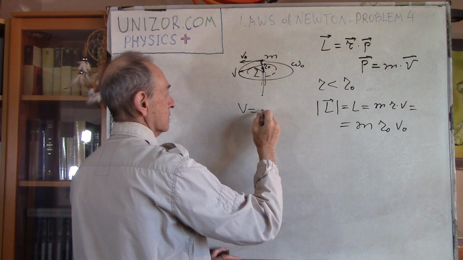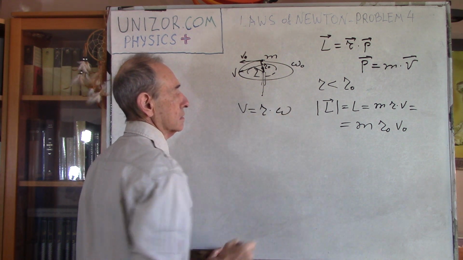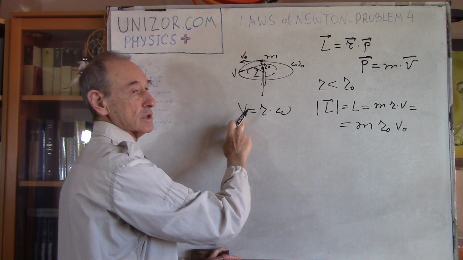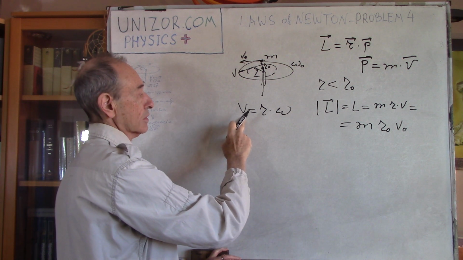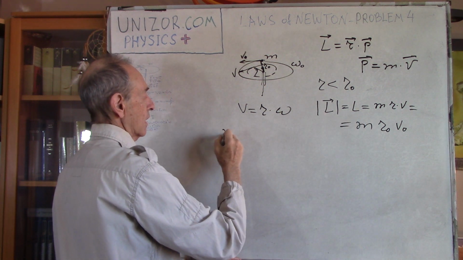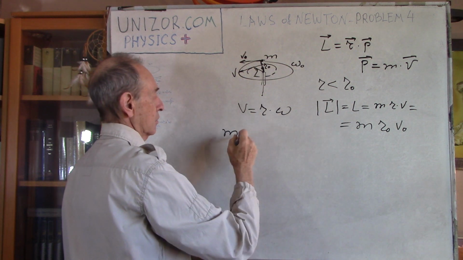Now don't forget that v is equal to r times omega. This is the angular speed, this is the radius, and this is the linear speed on the circular orbit. So instead of v, I will put r omega.